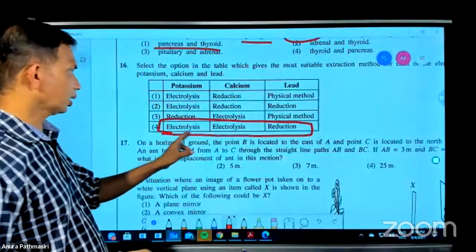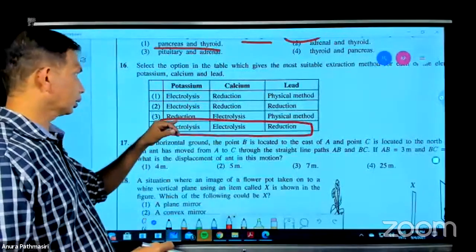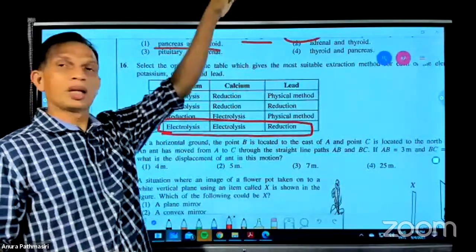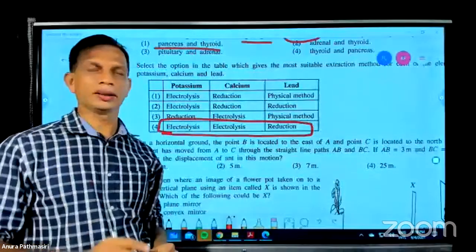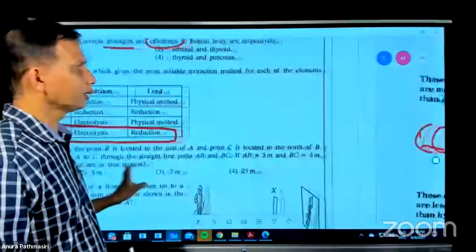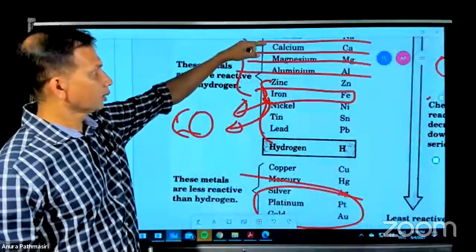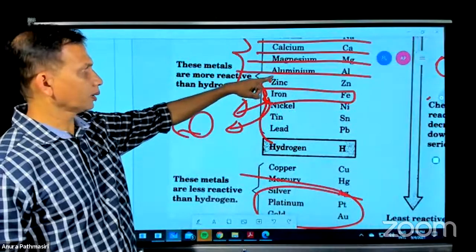Okay, the answer is electrolysis, because I explained very clearly that potassium, calcium, up to aluminium in the activity series, you could see that electrolysis is applied.